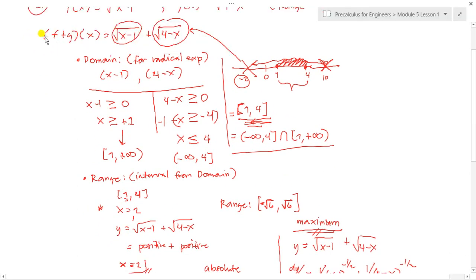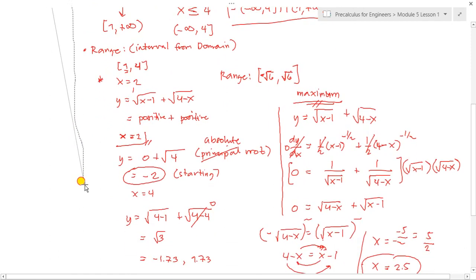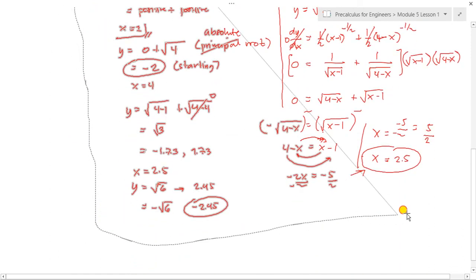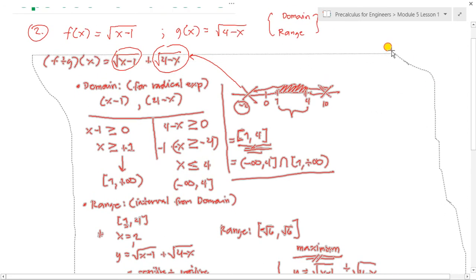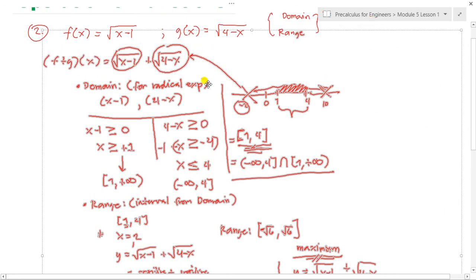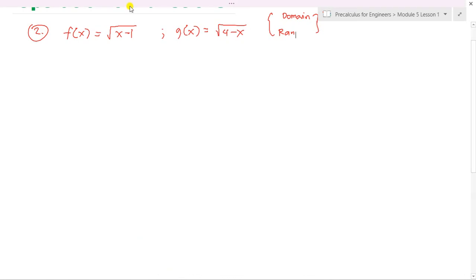So it's a bit long, class. How about if we do subtraction? Actually if we subtract them, it's easy, because you just subtract them.